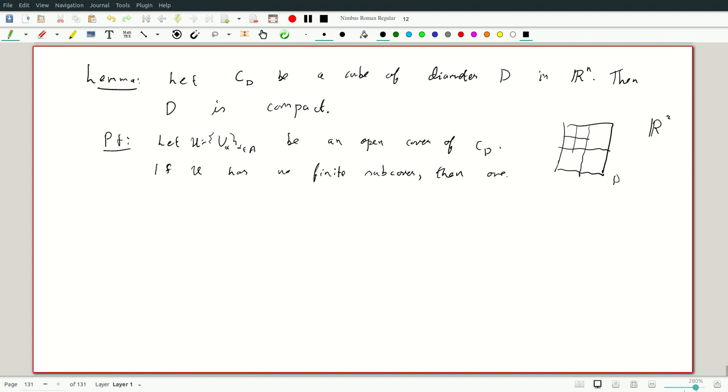Then one of the 2 to the n cubes of diameter d by 2 into which C sub d is broken has no finite subcover.